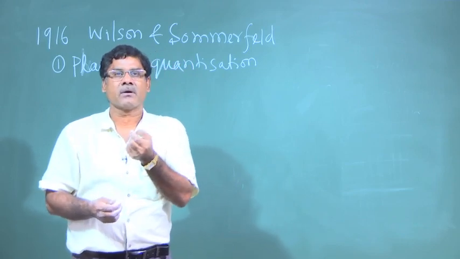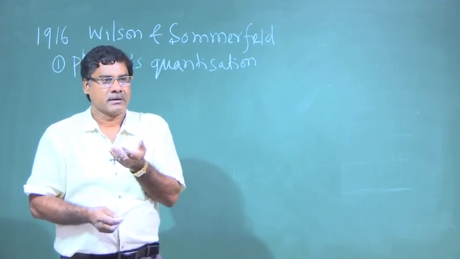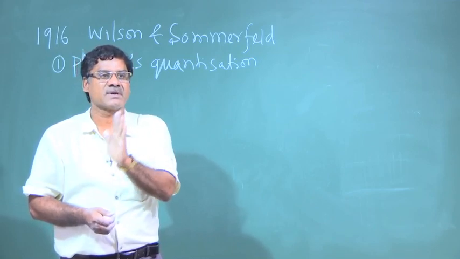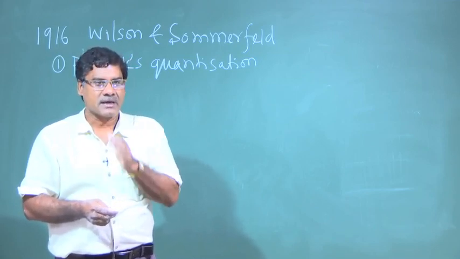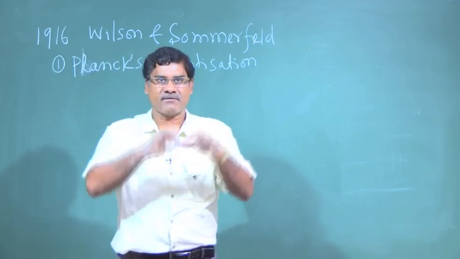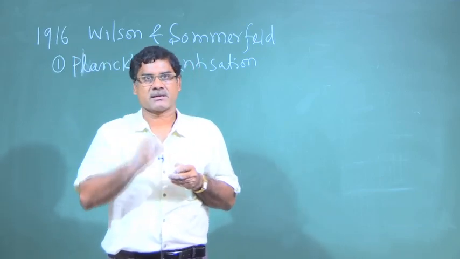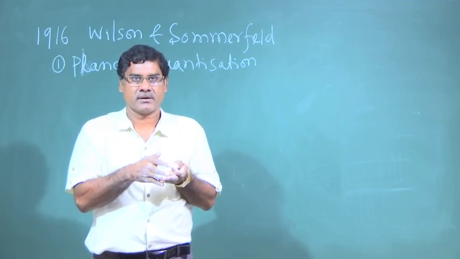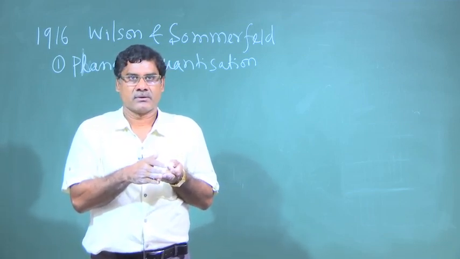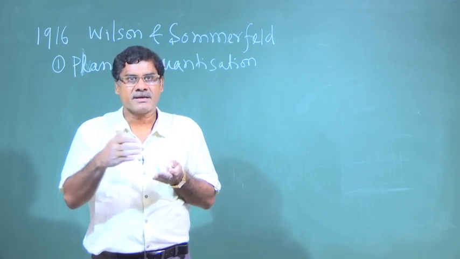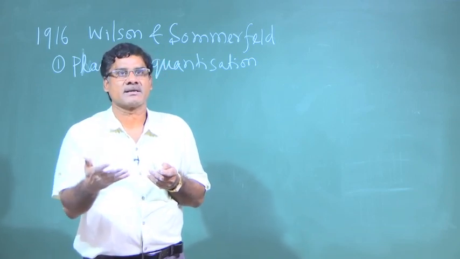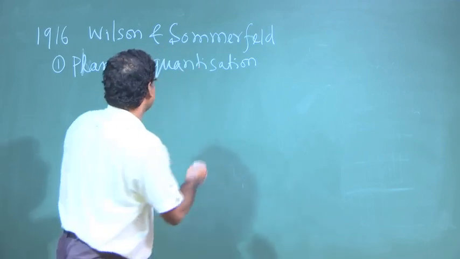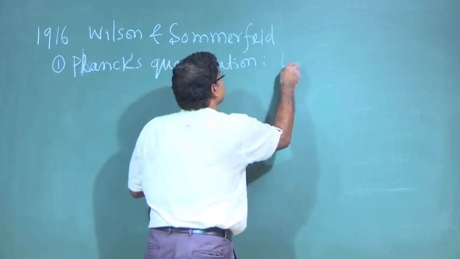So, the electron or atom on the surface of the black body cavity oscillates, and due to this oscillation it radiates. So, this energy of the oscillator is quantized. That is Planck's quantization, right. So, the energy of the oscillator is quantized.